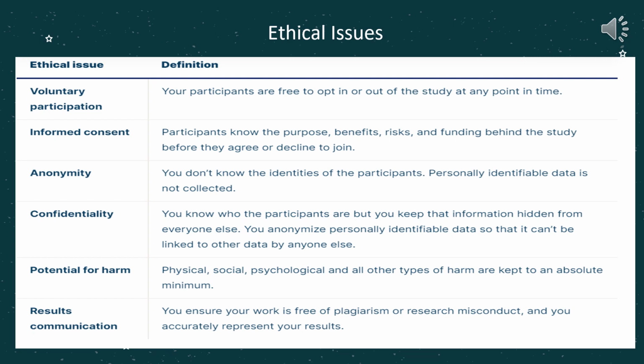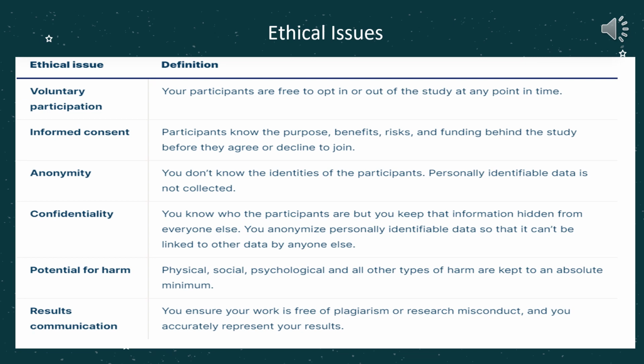Personally identifiable data is not collected. Confidentiality: you know who the participants are, but you keep the information hidden from everyone else. You anonymize personally identifiable data so that it can't be linked to other data by anyone else.